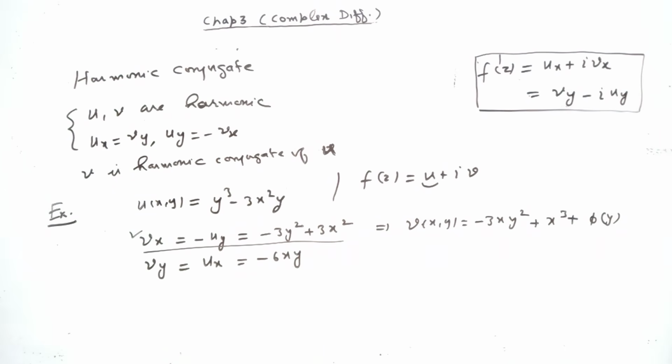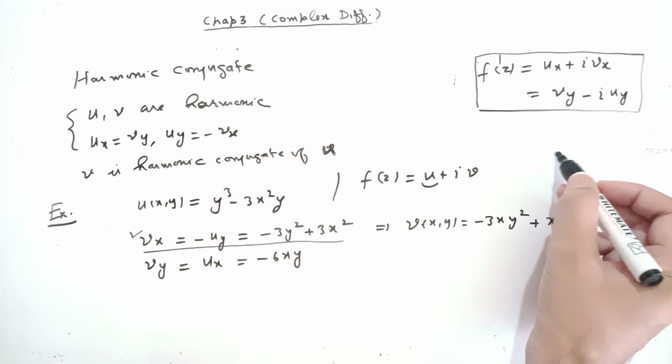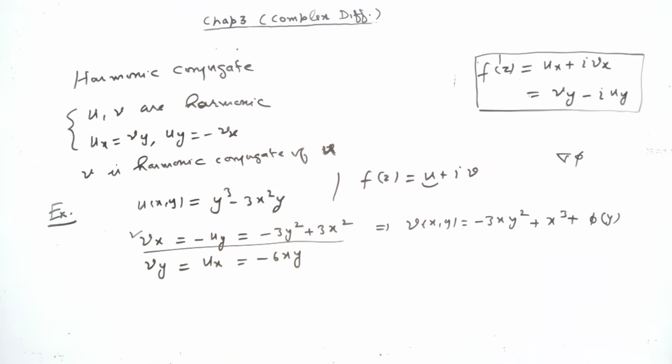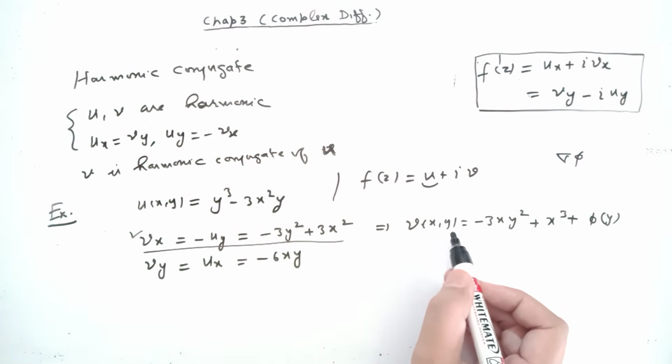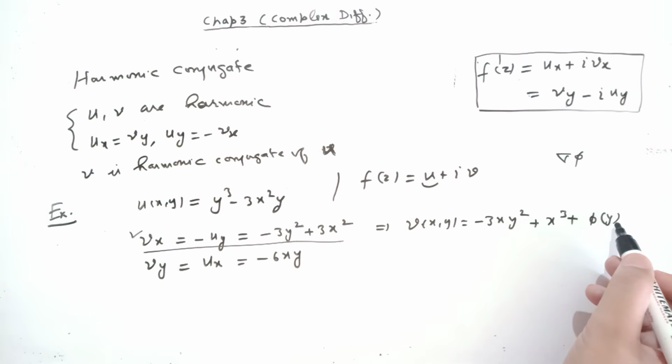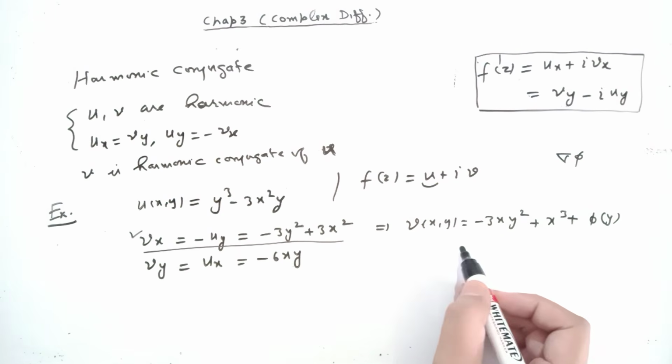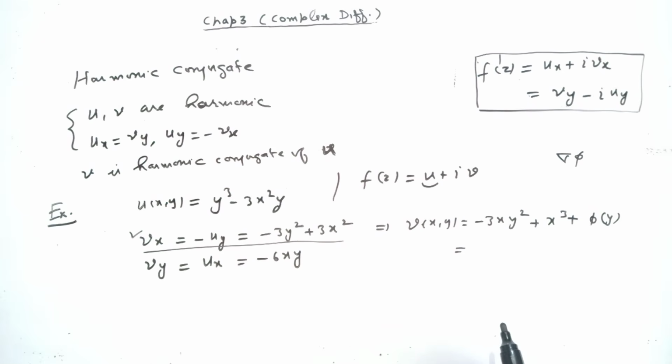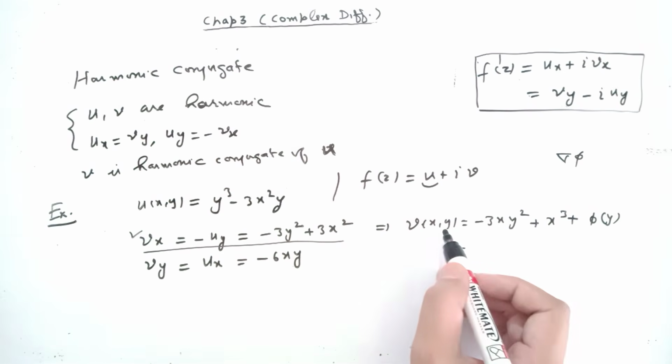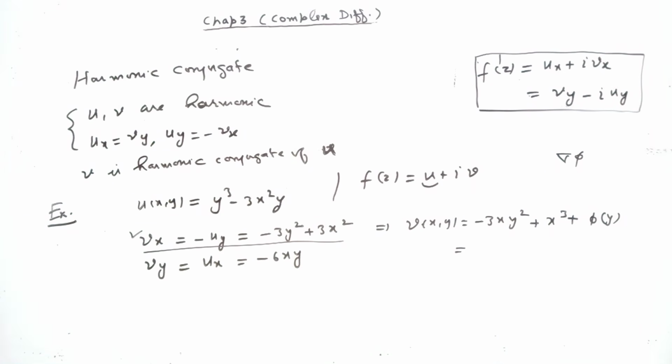This kind of calculation you have already done in first semester, somewhere in vector functions, where you found gradient of a vector function, potential of a vector function. You recall that, nabla phi and all that. But you understand why it is function of y, because it is v(x,y), so it's possible that some function of y is available here. You cannot write c here. Okay, so you have found v(x,y) equal to this.